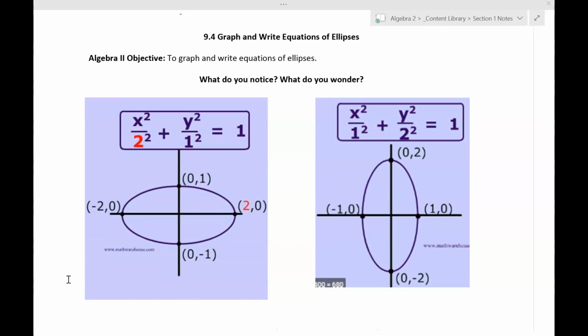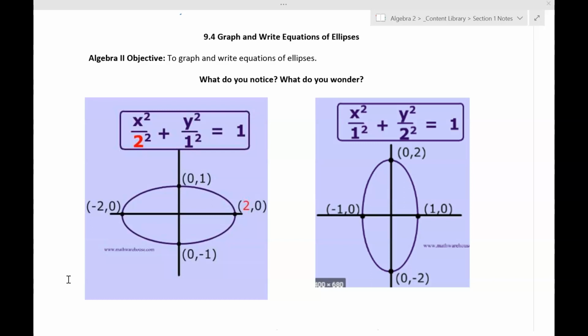Okay, maybe after you pause the video, you noticed that in both cases they kind of look like ovals, and in this case it seems to be more horizontally oriented. And you notice this is in red, so that might have stuck out to you, and this 2 is related to this point here, and that point is called a vertex, and we'll get into the definitions of these things.